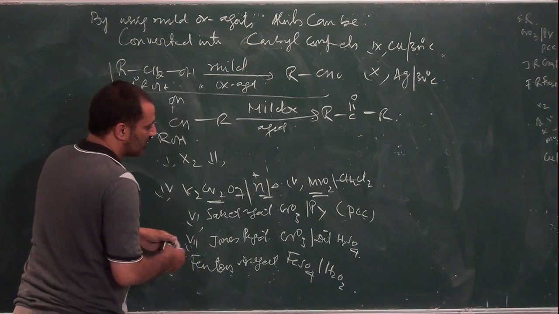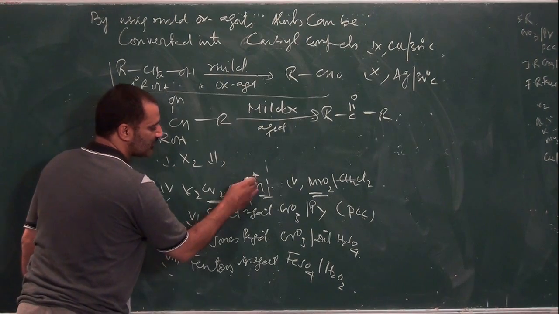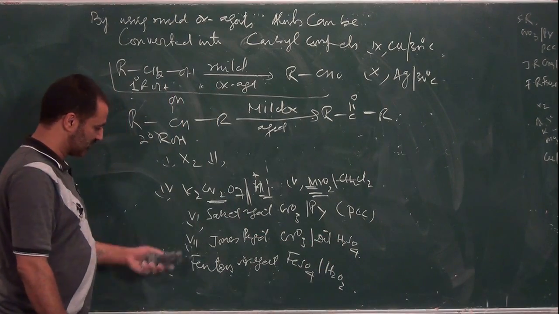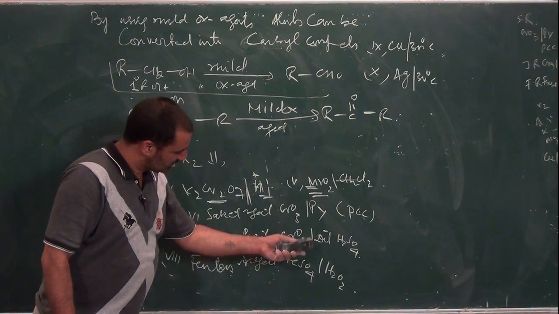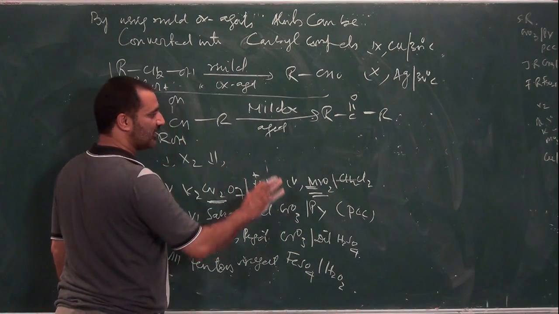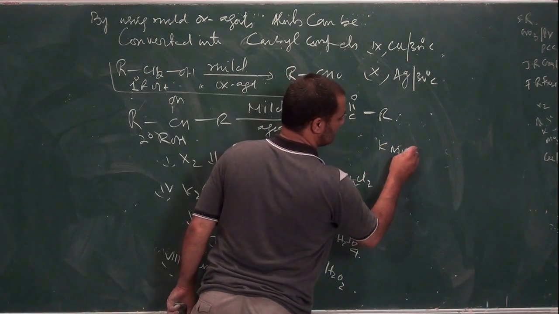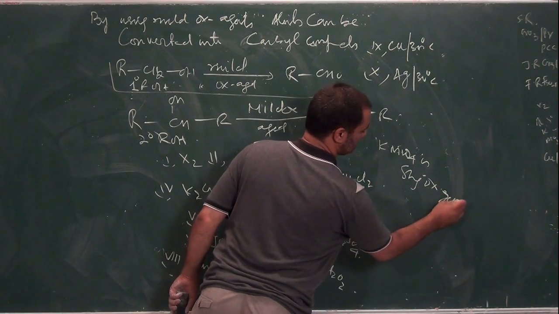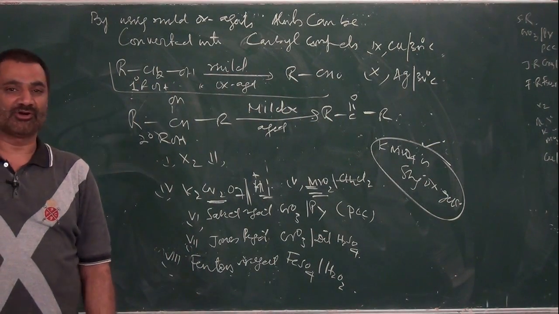So it is X2, K2Cr2O7 with H positive, and MnO2 in CH2Cl2, Sarett reagent, Jones reagent, Fenton's reagent, and hot copper and hot silver. But not KMnO4, I repeat again, because it is a strong oxidizing agent.